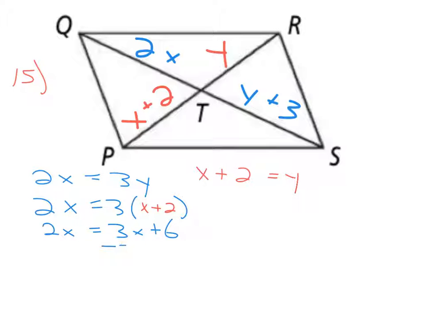And if we subtract away 3x, we get negative x equals 6, which means x equals negative 6.